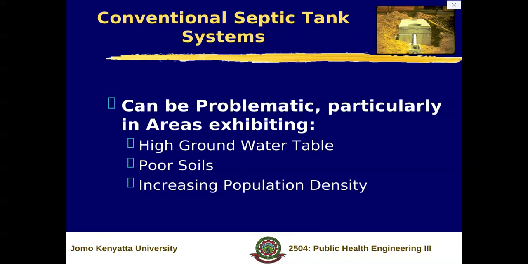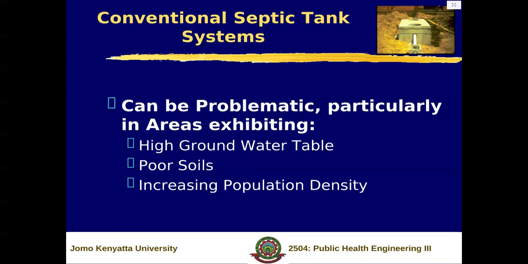But when we start having these high rises, each of them holding 50 people and so forth, then for a given area, a quarter of an acre, we have so many people discharging that the soils cannot actually take that volume of water.